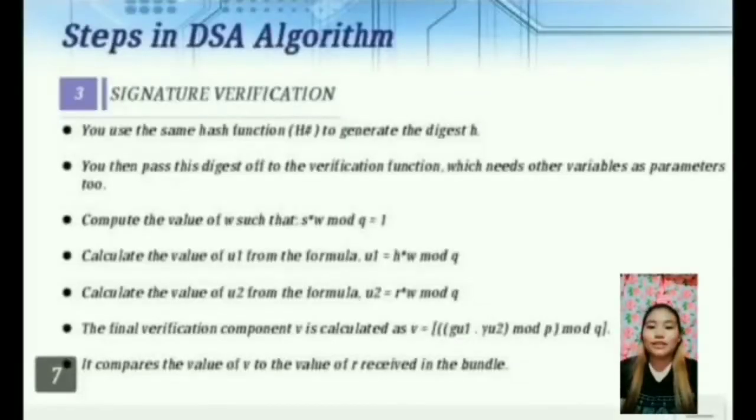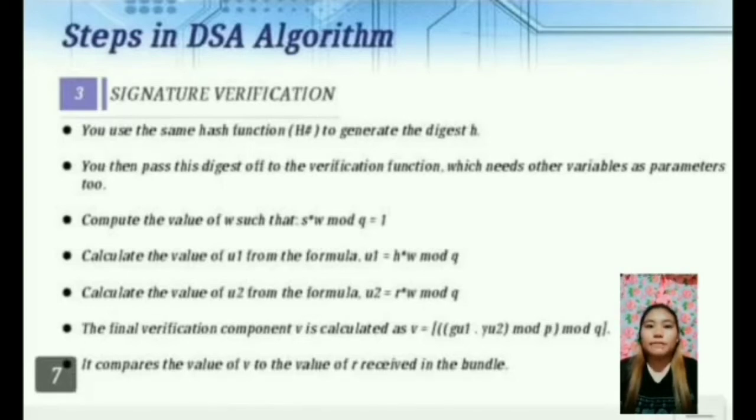Steps in DSA algorithm. 3. Signature verification. 1. You use the same hash function, H, to generate the digest h. 2. You can then pass this digest to the verification function, which needs other variables such as the parameters. 3. Compute the value of w such that s times w mod q equals 1. 4.